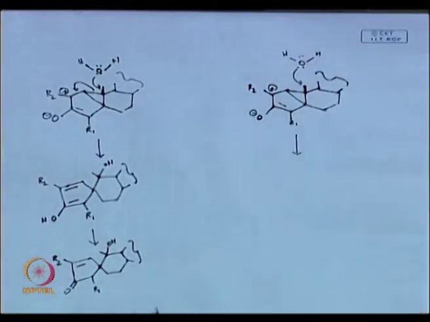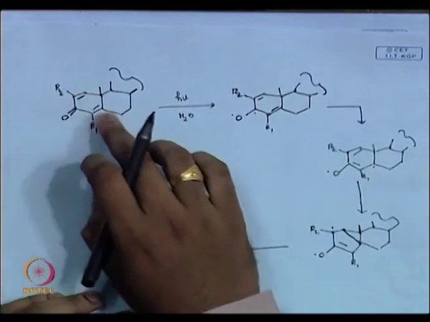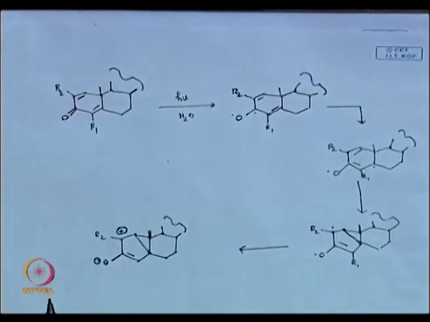Now, since it's an enone type of system and it is more like a different molecule, can you think about the other way around happening chemistry? Because you are exciting one type of double bond. Can you do it in the other direction and see what product you are getting?